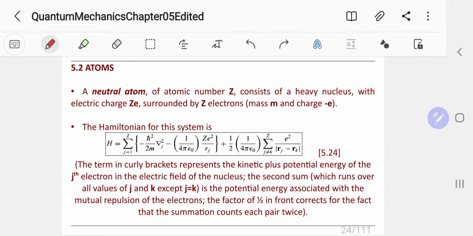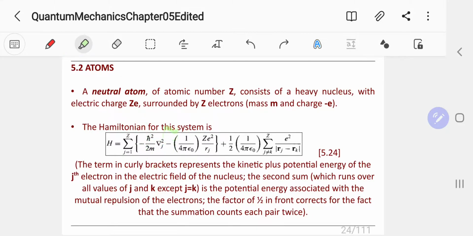So you have electrons which are not massless, so they have mass m and charge negative e, as opposed to the positive charge of the protons. So the Hamiltonian for this system would be composed of three terms.